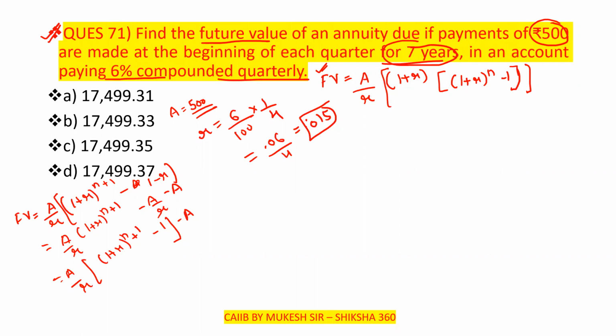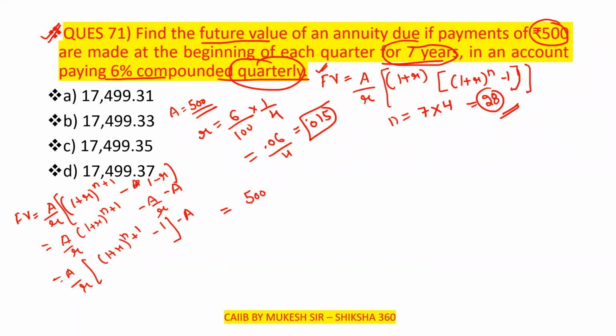Since it is paid quarterly, there are 4 quarters in 1 year. So n is 7 into 4, that is 28. So n comes out to 28. Now put the values in the question.